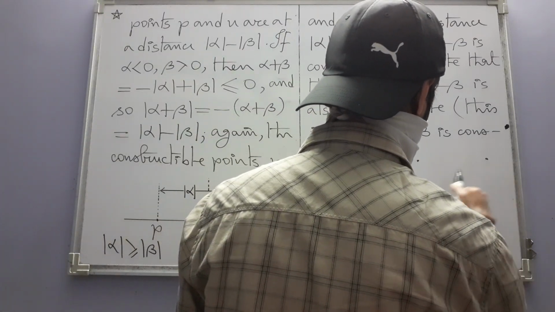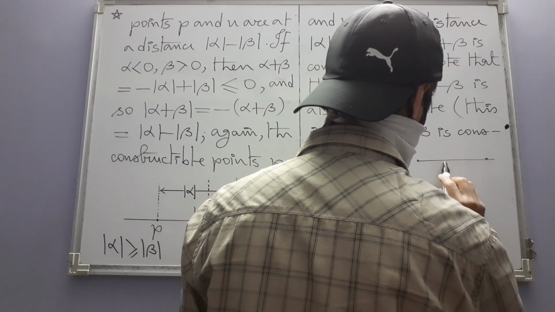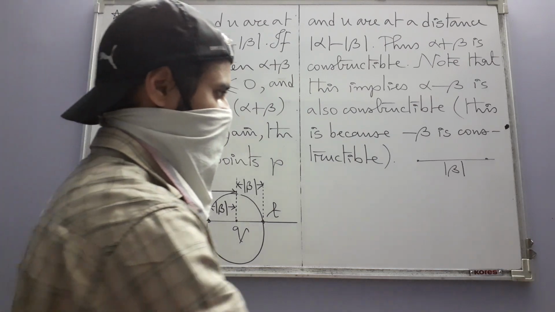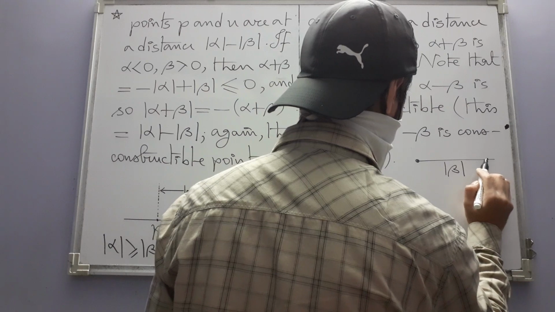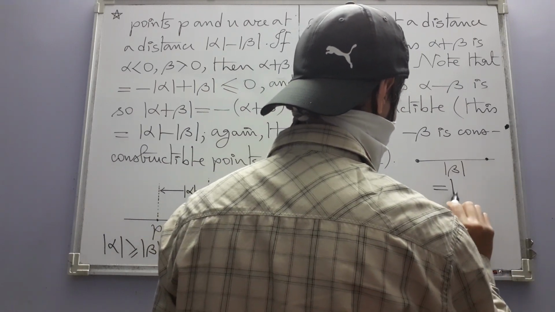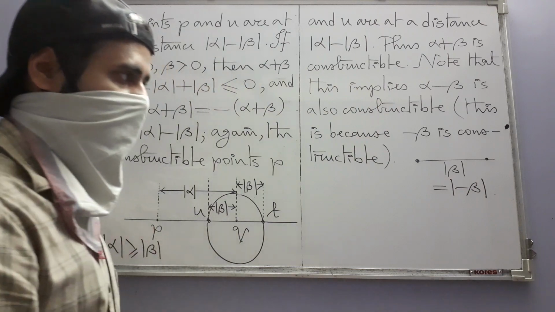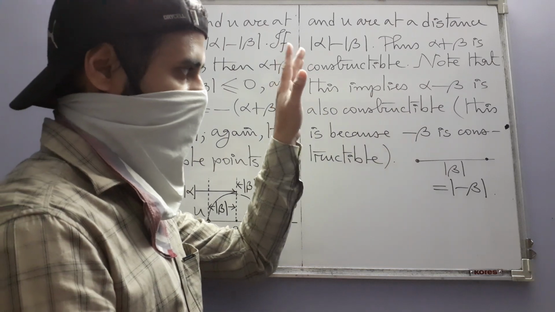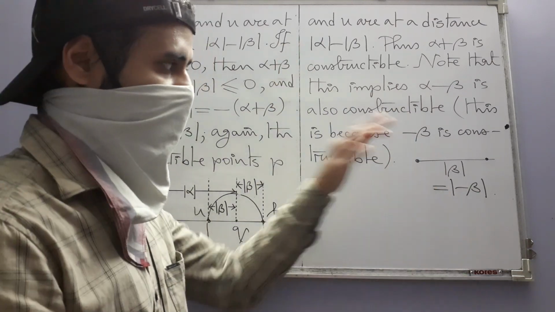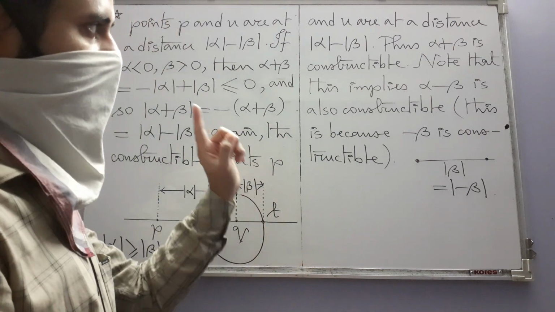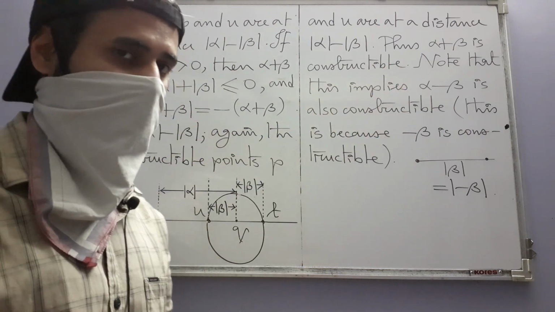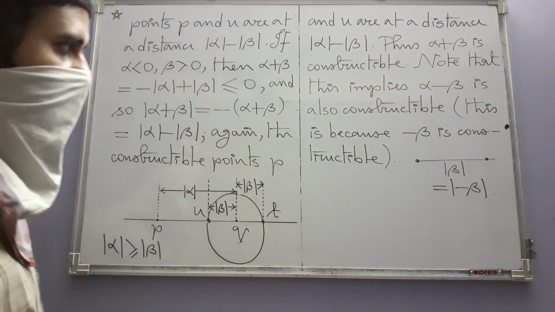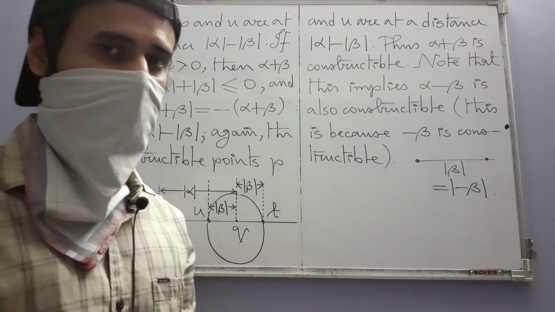To have two constructible points such that the distance between them is this real number. But then the same two constructible points are also at this distance, which is the same real number. So it proves that from the constructibility of beta, it follows that minus beta is also automatically constructible. So that's why alpha minus beta is constructible, because just now we have proved that the sum of two constructible numbers is constructible. Okay, so that settles the case for sum.